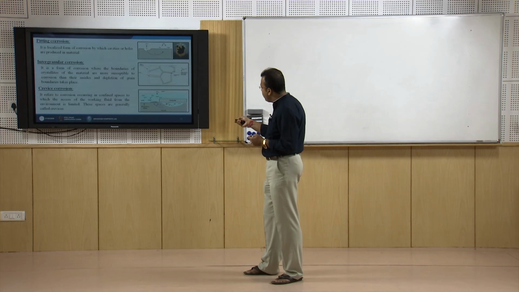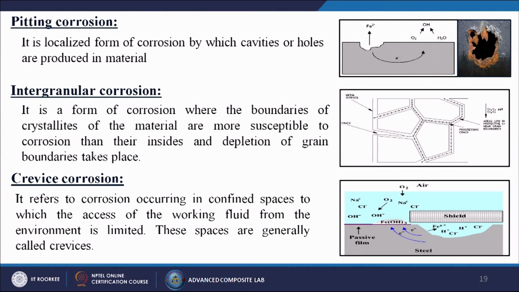From that particular figure you can understand that there is a steel, here having some passive film which is giving a barrier between the environment, or the water, and the steel, but still some kind of holes or spots or pits have been created on the steel surface, by which the environmental air or water particles can come and directly react with it.